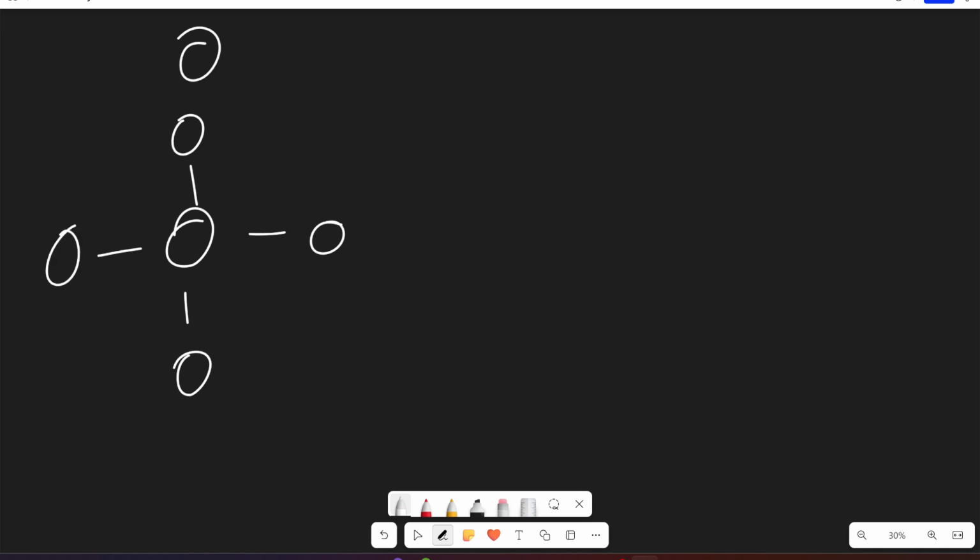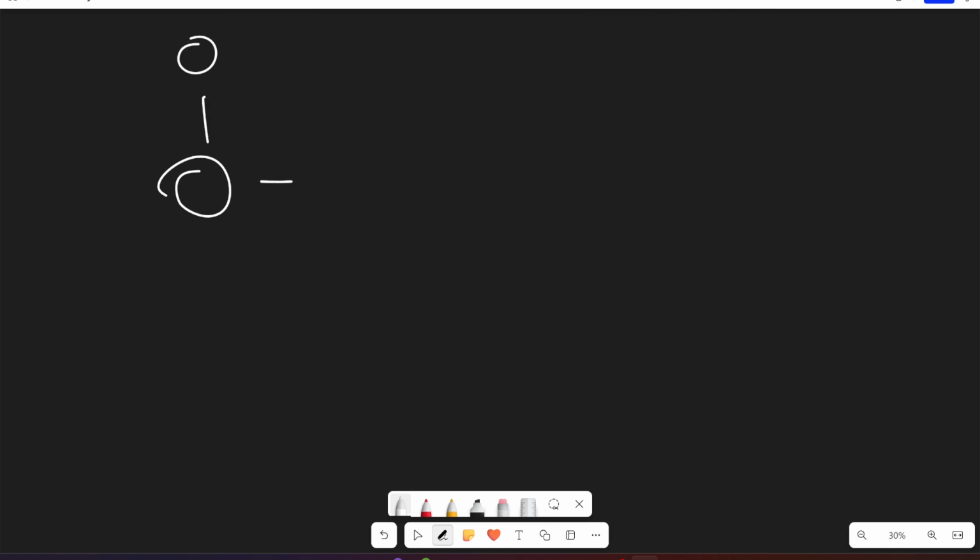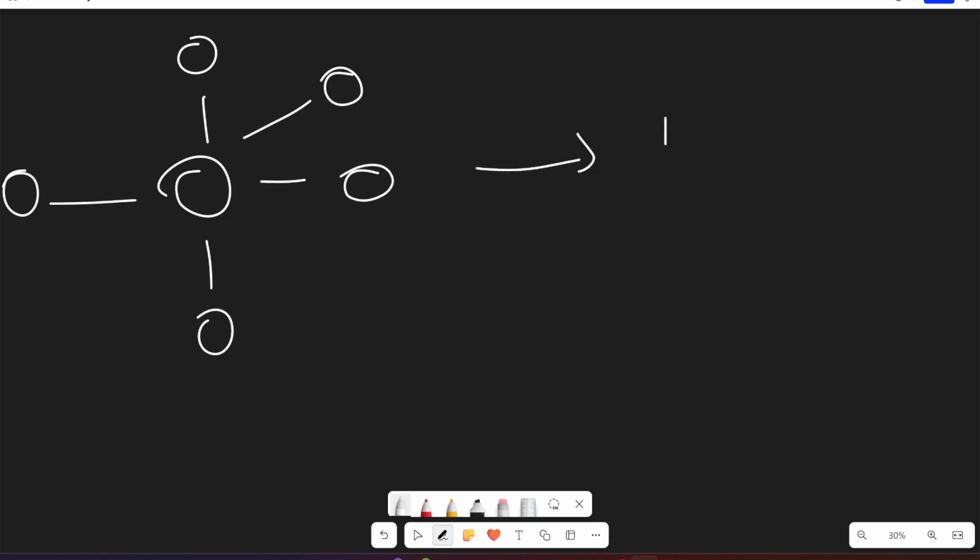I can see I have 4 bonds here, so that's 4 electron domains, so that's going to be tetrahedral. I think you're probably getting the idea now. If I draw something with 5, with 5, that's going to be trigonal bipyramidal.